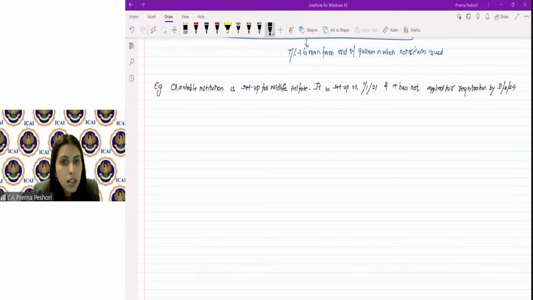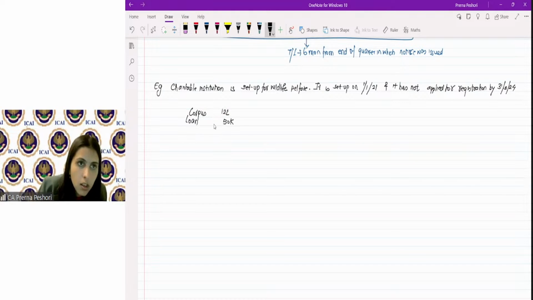Now, let's say, for example, it has the corpus of, let's say, rupees 12 lakh. Let's say a loan of rupees 50,000. Okay, and let's say here there is another loan for building, it is 1.5 lakh. And let's say it has asset 1 for 2 lakh.